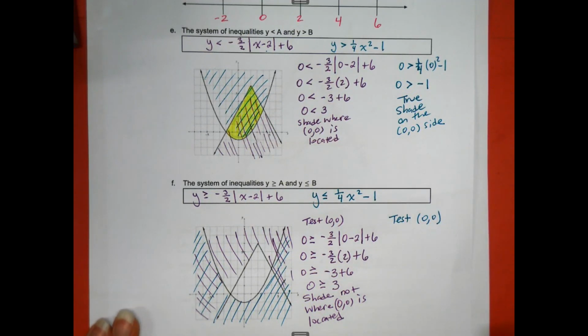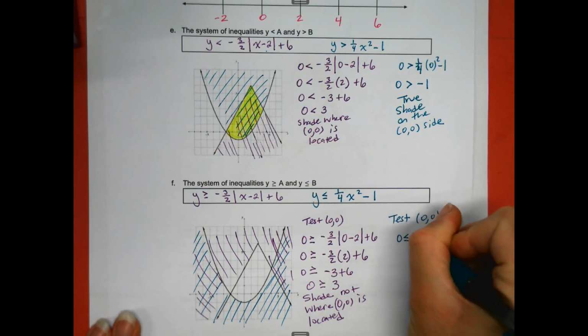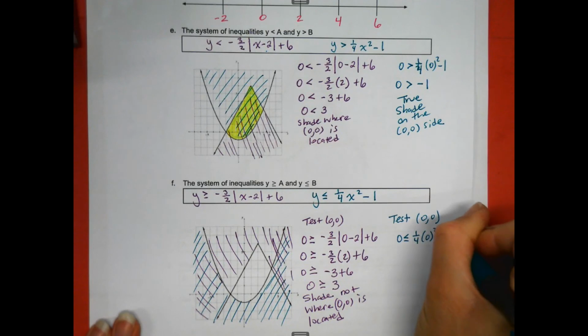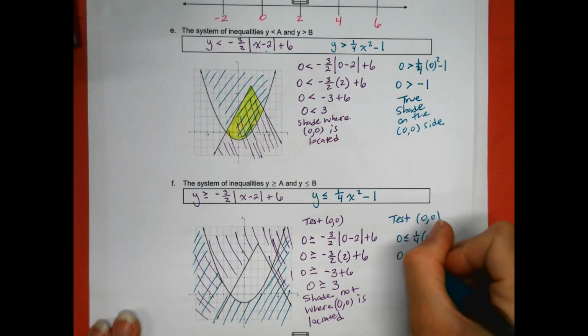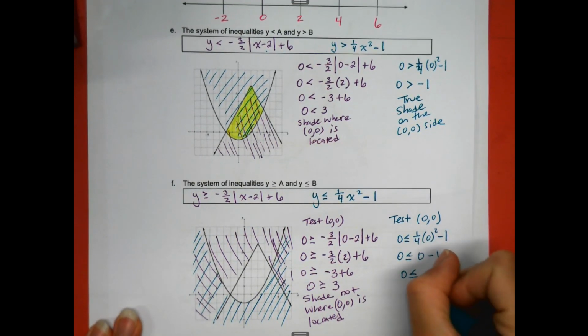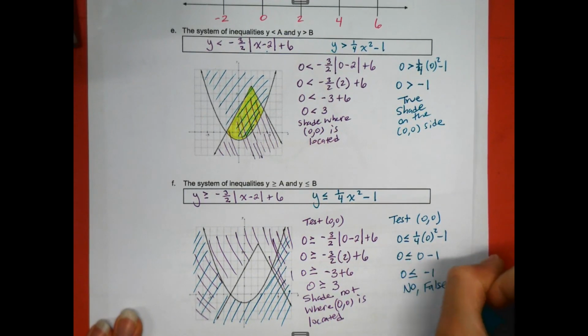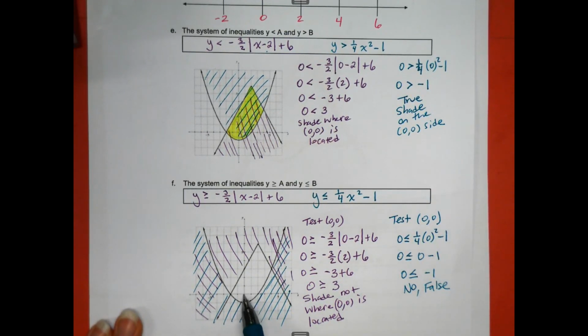I like testing 0, 0 because zeros are really easy to work with. And we want to know, is 0 less than or equal to 0 minus 1? Is 0 less than or equal to negative 1? No, that is false. So that's why we don't shade the side of the parabola where 0, 0 is located. We shade the other side.